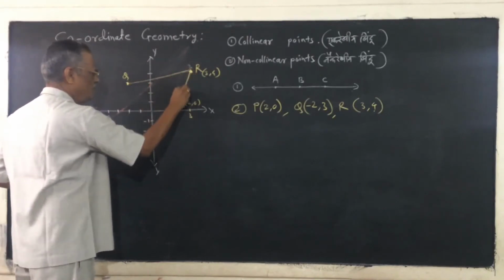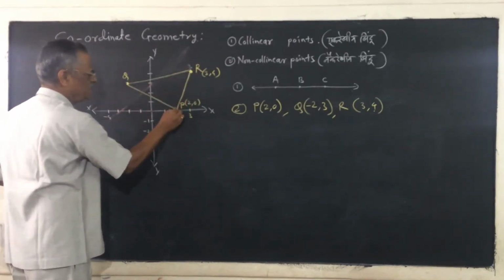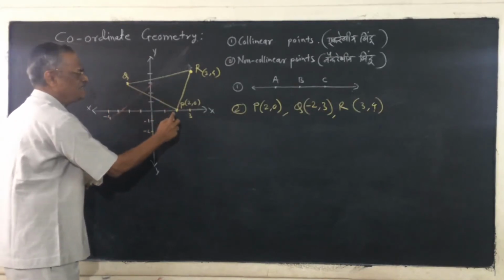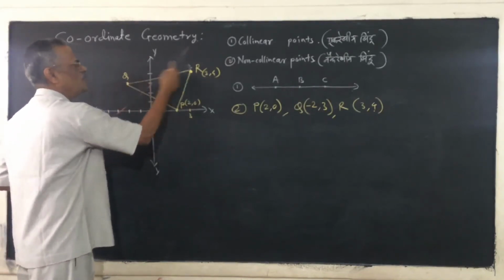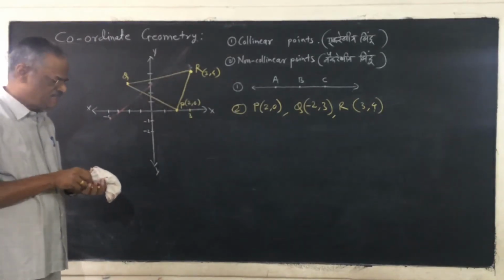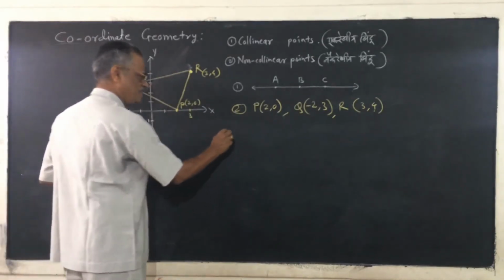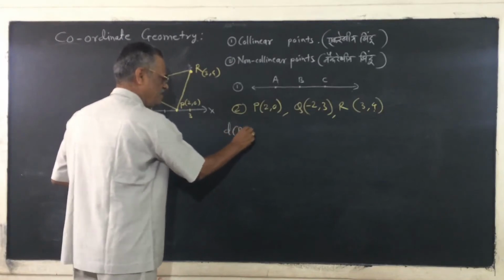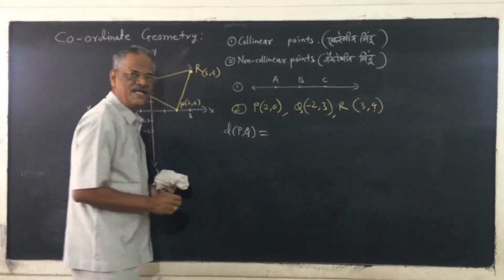We have to calculate the distance PQ, then distance QR, then distance PR. First, distance PQ. By which formula?